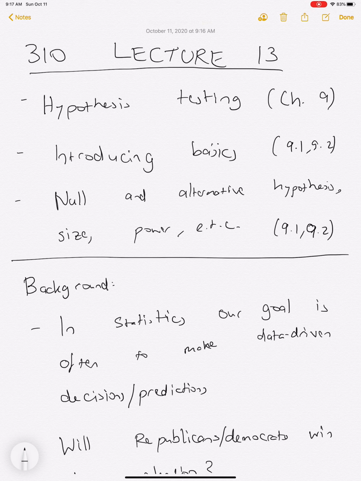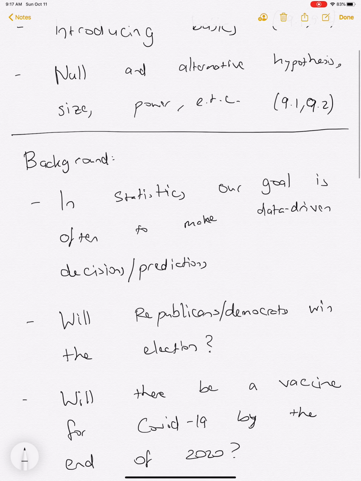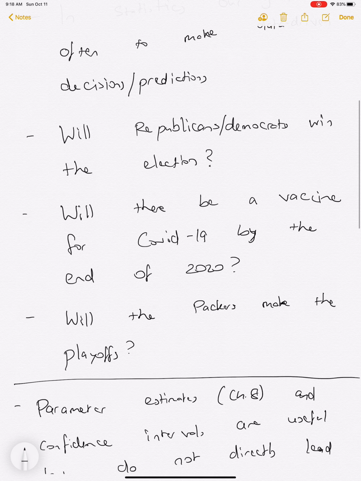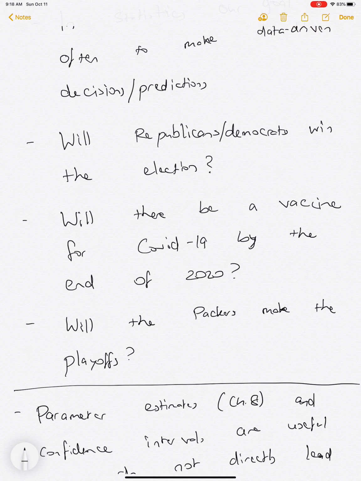So, to provide some background and motivation for why we're covering hypothesis testing: in statistics, our goal is often to make data-driven decisions or predictions, and these are typically binary, yes/no types of decisions or predictions. To give you a few examples: will the Republicans or Democrats win the upcoming election? That's a yes/no decision.